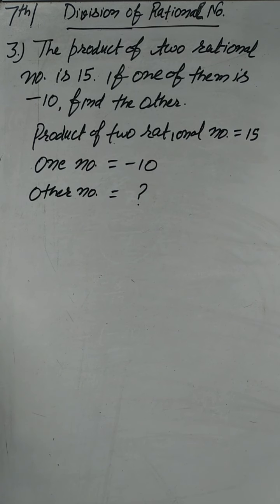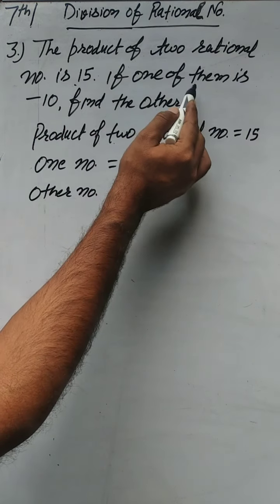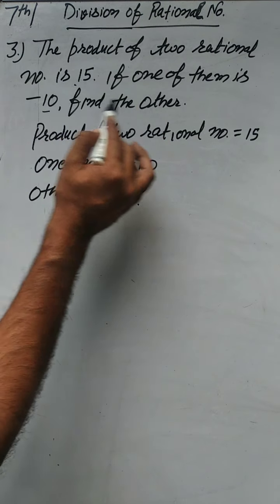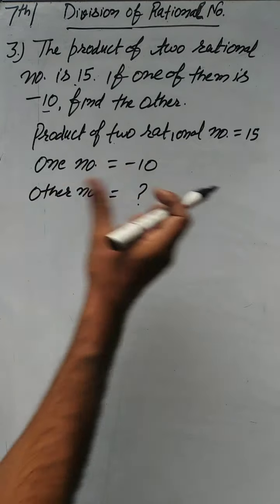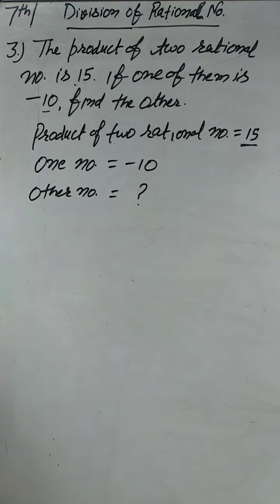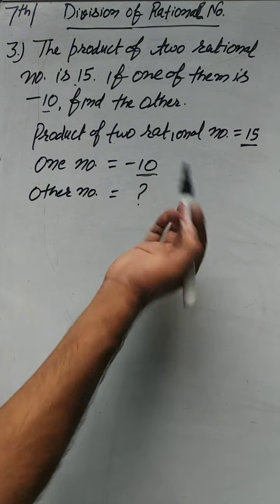Yes beta, your next question, question third. The product of two rational numbers is 15. If one of them is minus 10, find the other. It means the product of two rational numbers is equal to 15 and one number is equal to minus 10.